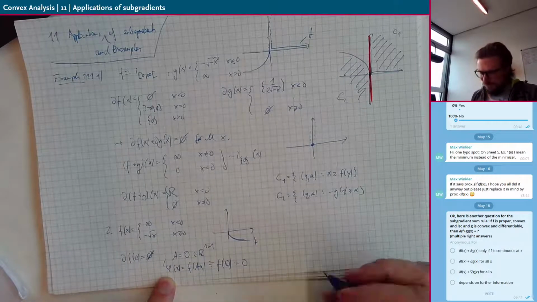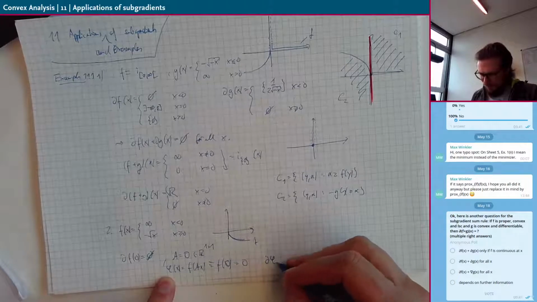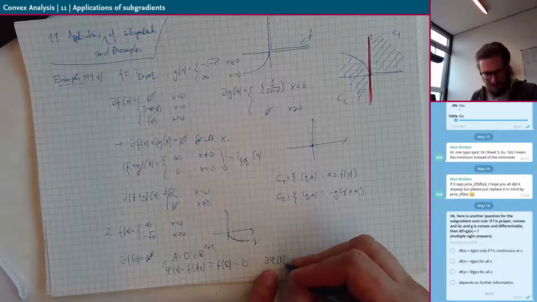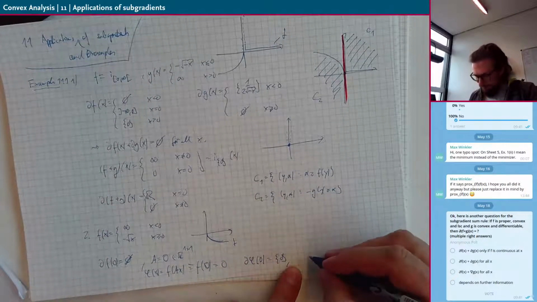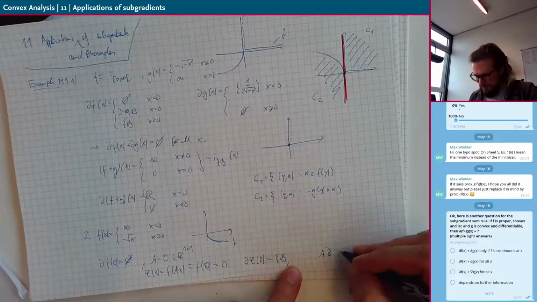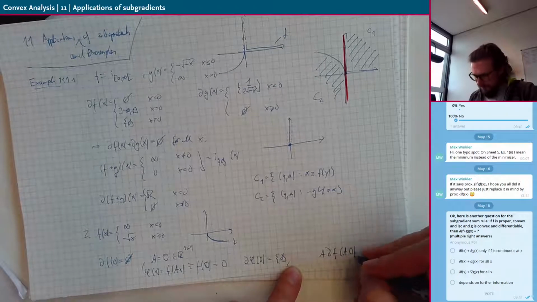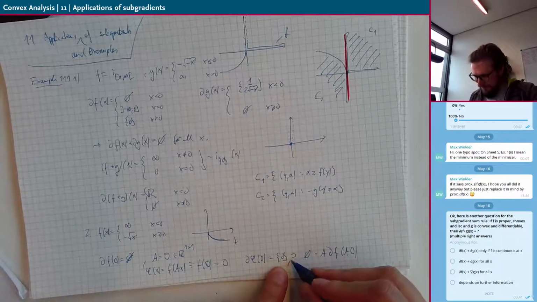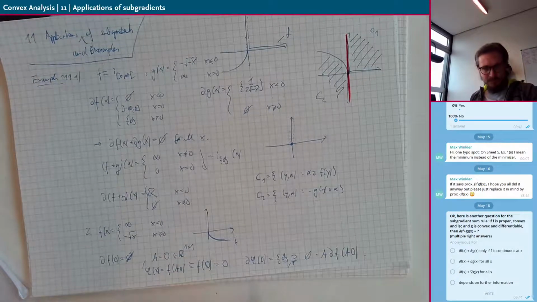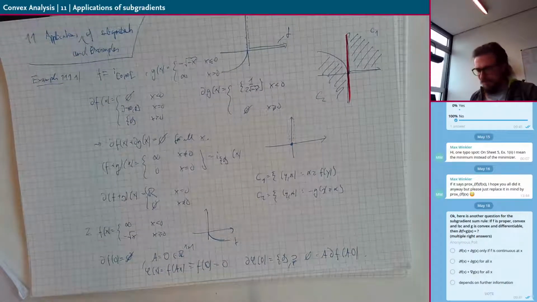Which means that the subgradient of phi at 0 is actually 0, while A times the subgradient of f at A0 is actually empty, and so this is actually larger and not equal. It's as simple as that. This can also fail.